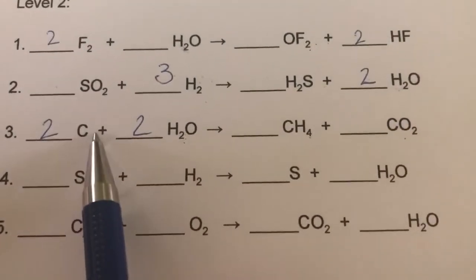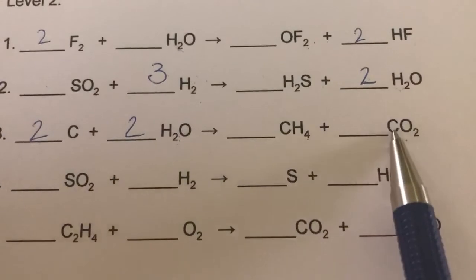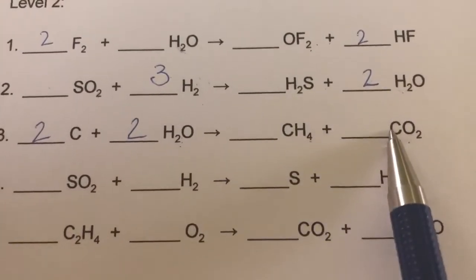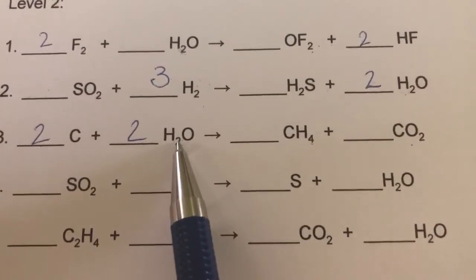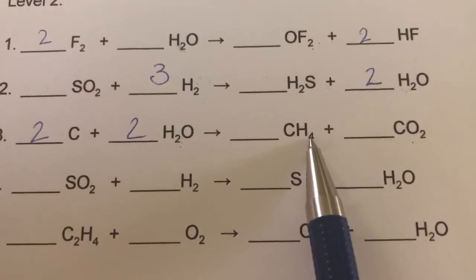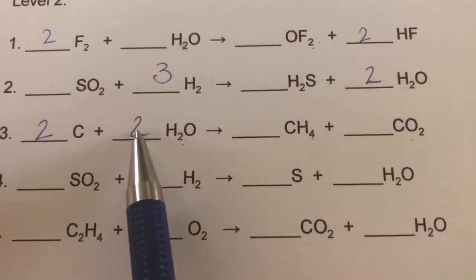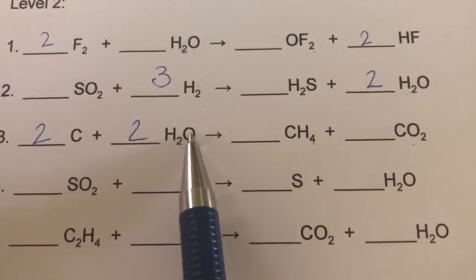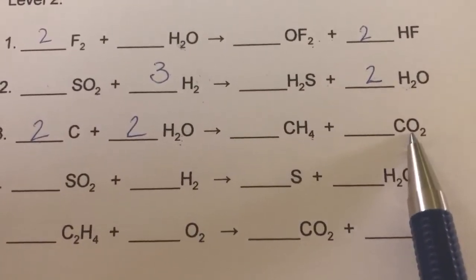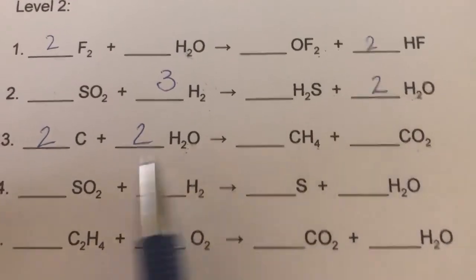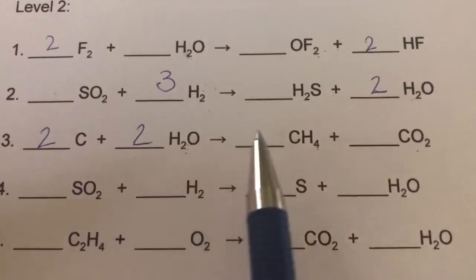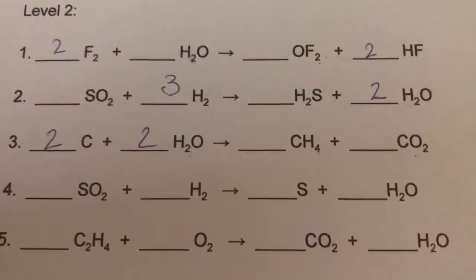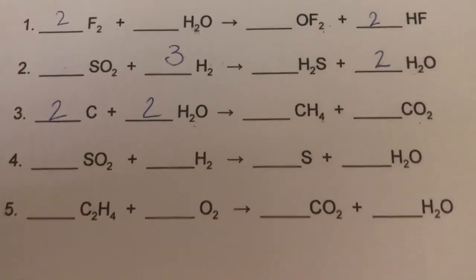So now I have 2 carbons, 2 carbons. 1 plus 1 is 2. I have 4 hydrogens, I have 4 hydrogens. I have to distribute the 2 through to get to my oxygen. I have 2 oxygens. And now on my product side, I have 2 oxygens. My ratio here is 2 to 2 to 1 to 1. I am balanced.